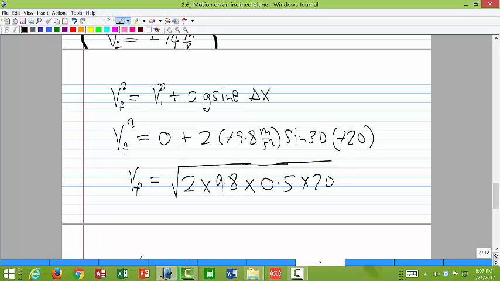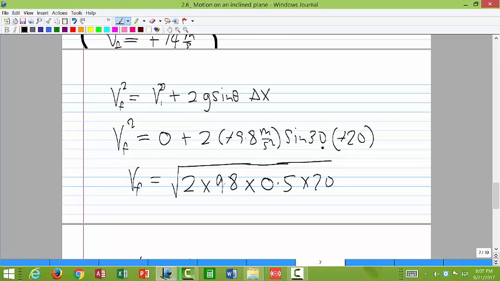We already know g is 9.8 meters per second squared, so we can put that in there. It's negative 9.8, and our displacement down the ramp is negative 20, so we are assuming that it starts at initial position at the top, which is 20, and the final position is 0, so the displacement is minus 20.